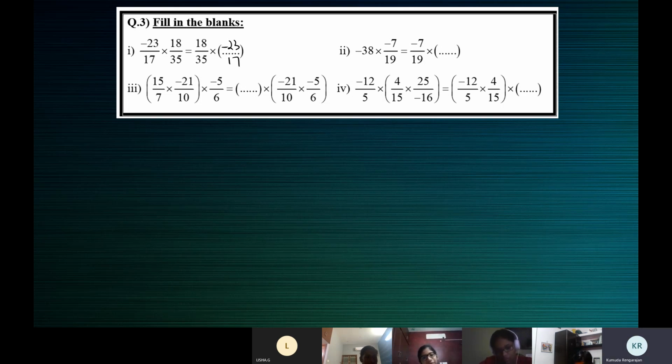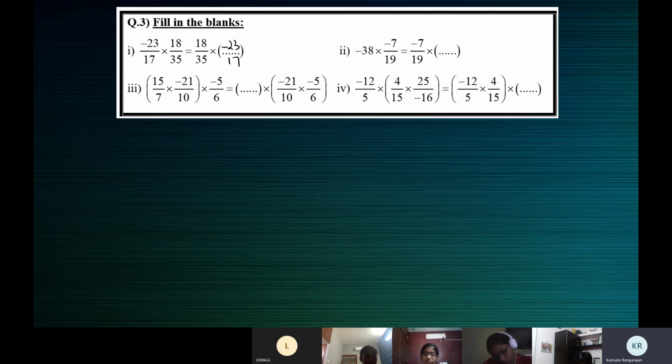Yeah, commutative property. Now, is it of addition or multiplication, Harshita? Ma'am, it is multiplication. So we say it is commutative property of multiplication, and the numbers are rational numbers, right? Yes, ma'am. Commutative because there are two rational numbers under consideration, only two, minus 23 by 17 and 18 by 35. Multiplication because it's multiplication, and rational numbers.